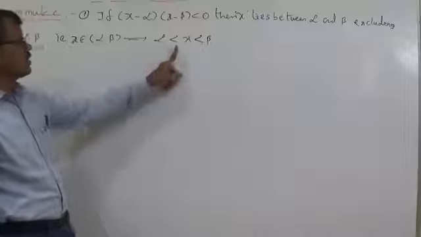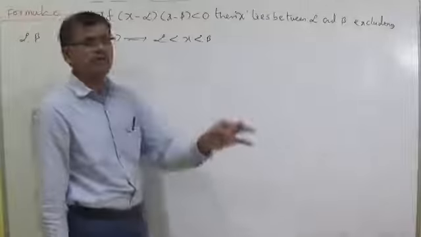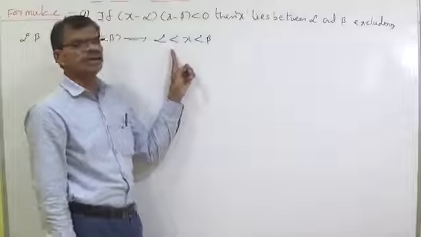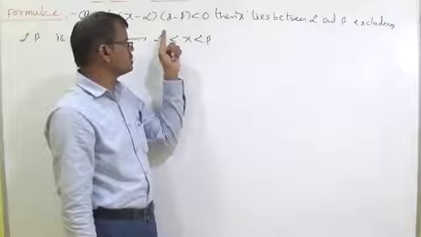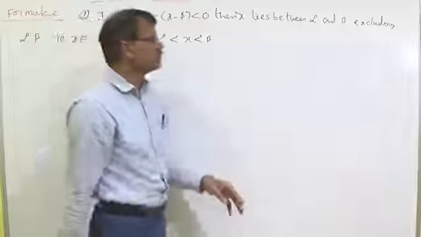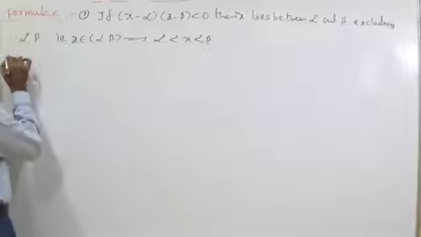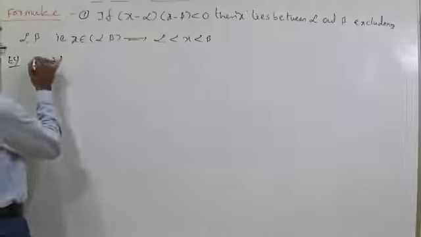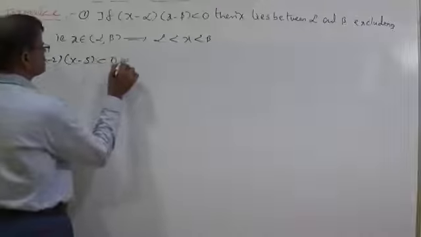That means whatever x value you are thinking, x should lie between alpha and beta, excluding alpha and beta. That means there is no alpha, there is no beta. Whenever it is an open interval, every student has to remember: this is no, this is no. Excluding means no. Now an example: (x minus 2) into (x minus 5) less than 0.